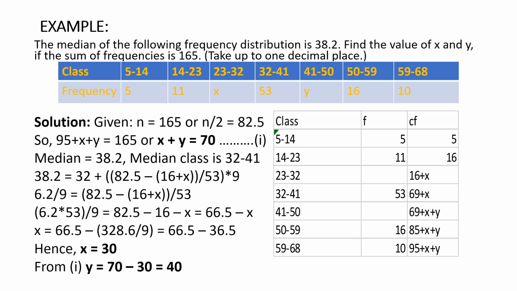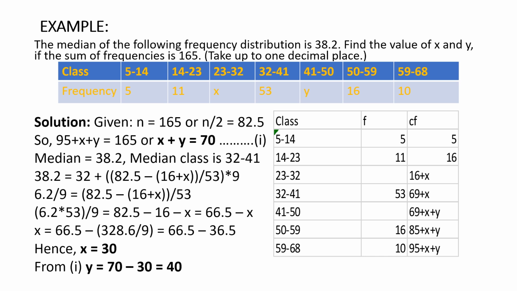So the cumulative frequency of the class before the median class is 16 plus x, upon the frequency of the median class, which is 53, into the class size, which is 9. Class size means, for example, you have over here 41 minus 32, which is equal to 9. The class size is 9.